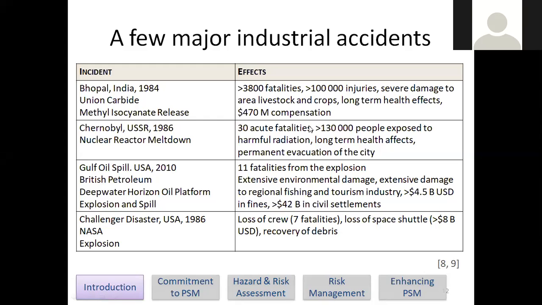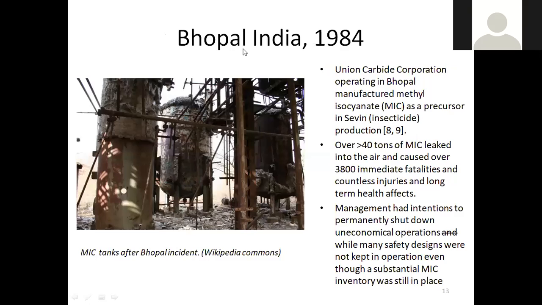The NASA Challenger disaster, which was supposed to carry astronauts into space and exploded in 1986, is another example we can use to explain process safety management. So let's take it one after the other.